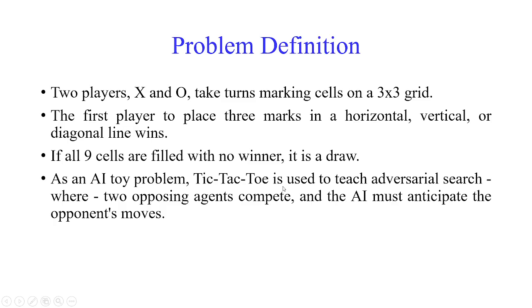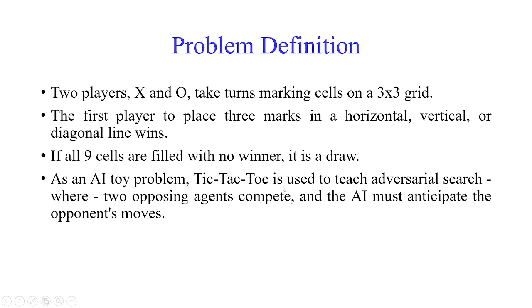The tic-tac-toe problem is a two-player game problem. Players take turns. We will represent them through X and O. It is a 3 cross 3 grid problem. X plays first and then O plays. Likewise, they take turns.